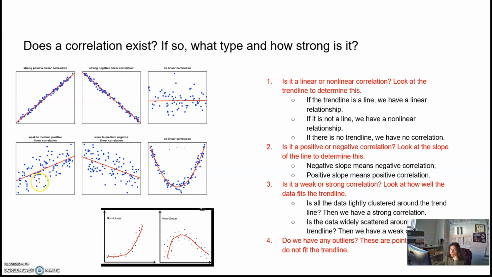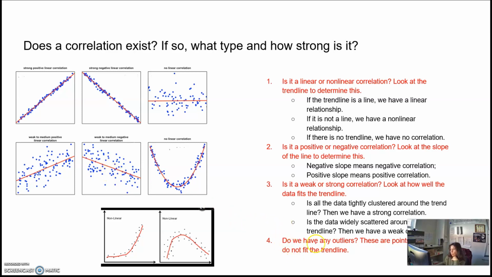It's still got a positive slope. Same thing over here with our negative correlation. We got a strong correlation in the top scenario where our points are very tightly clustered around that line. We got a weak correlation in the bottom scenario where our points are much more scattered about.